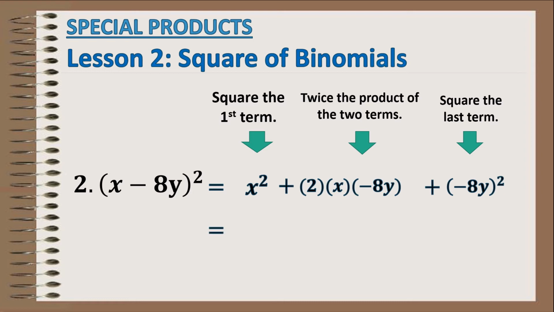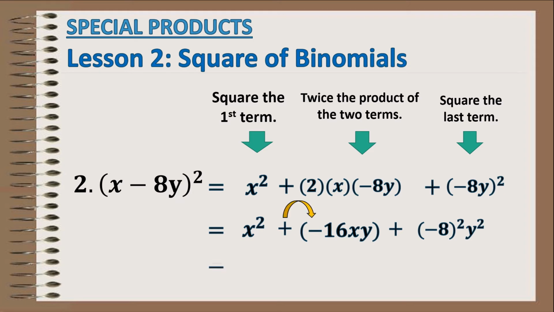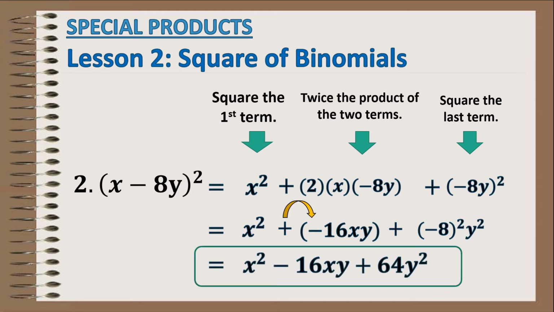Then we simplify. It is equal to x squared plus the quantity of negative 16xy plus the quantity of negative 8 squared y squared. Our final answer is x squared minus 16xy plus 64y squared.